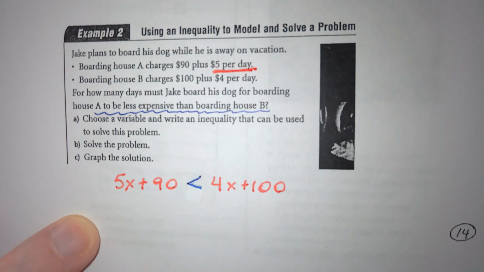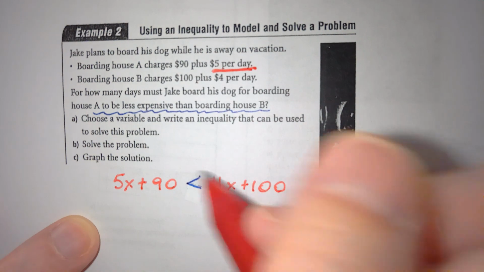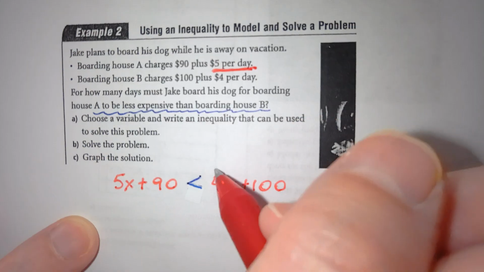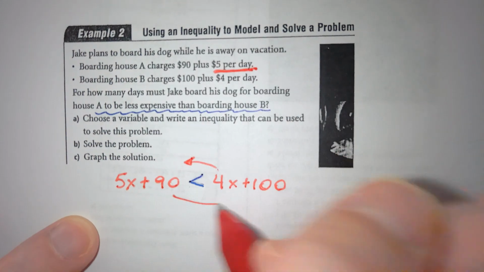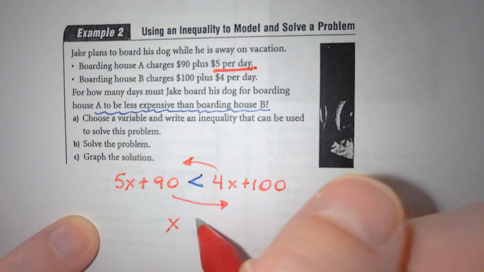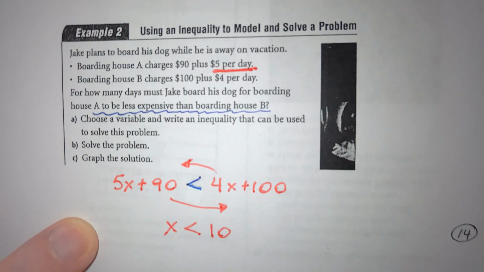Okay. Yeah, so you see the math is the same. Solving algebra is solving algebra. So move this to the left, move that to the right. So 5x minus 4x, you get x, less than 100 minus 90, you get 10.